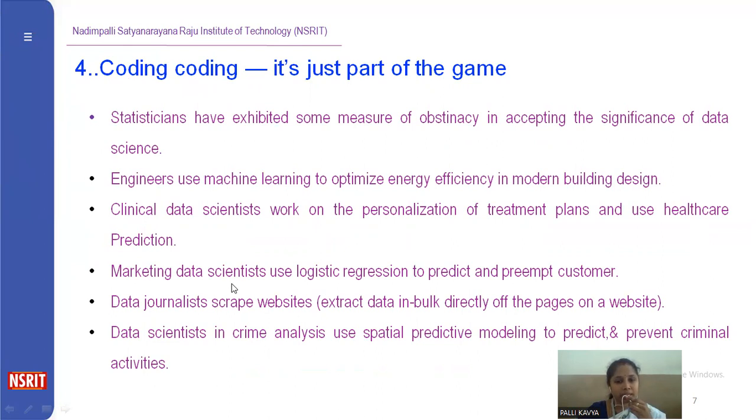In marketing, data scientists use logistic regression to predict and preempt customers, and data journalists scrape websites to extract data in bulk directly from web pages. So there are different types of usages of data. Criminal analysts use spatial predictive modeling to predict and prevent criminal activities. So these are the different things in coding.